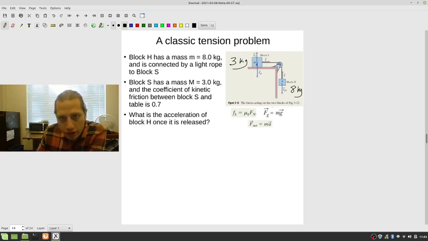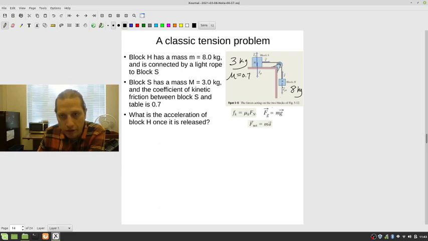Now, the tricky thing here is that we have introduced some coefficient of friction of 0.7 between this surface and block S. Okay, so if there were no friction, our block S would be pulled down by this block, and the acceleration would be slightly less than 9.8 because the gravitational force from block S is not going to contribute to that acceleration.